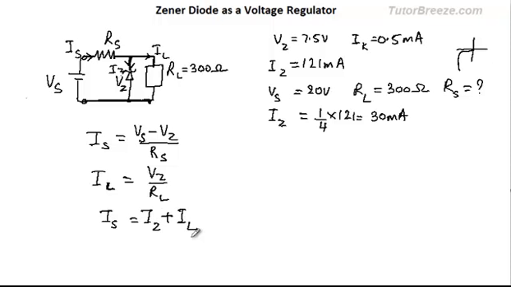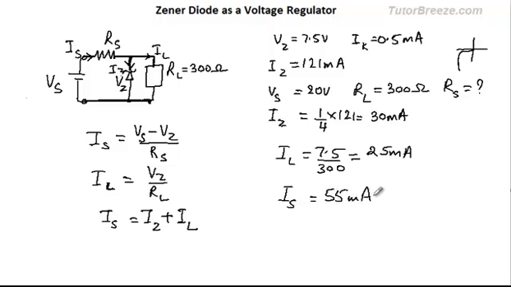Now using these equations you can find the value of Rs, and IL comes out to be 7.5 over 300, which is about 25 milliampere. Iz was 30 milliampere, so Iz plus IL is Is. So Is is 30 plus 25, which is 55 milliampere.